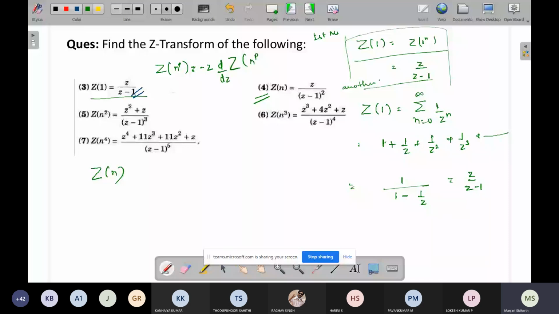So p is 1 here, right? That means minus z d by dz of the Z transform of n power p minus 1, that is minus z d by dz of the Z transform of n power 0, that means 1. Now you can use this formula, right?